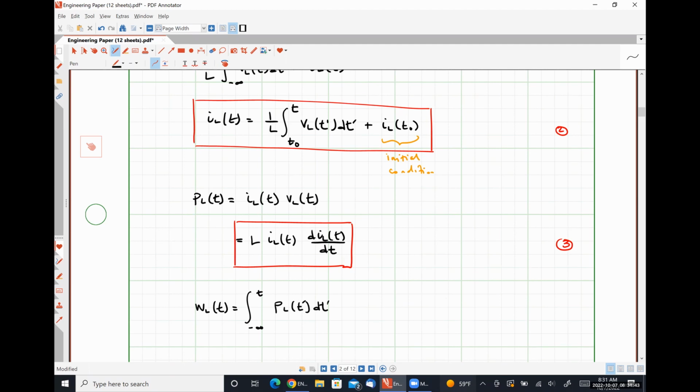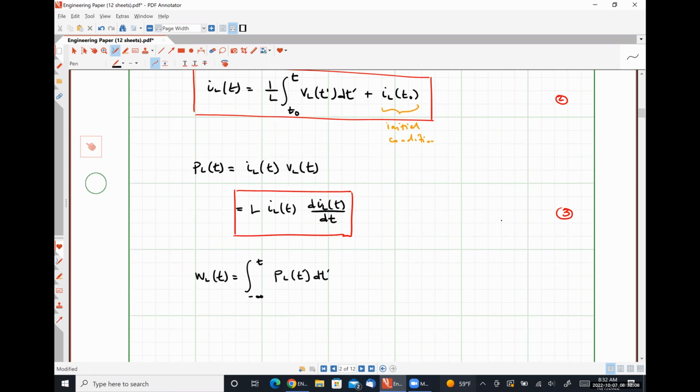So we're setting the limits here from negative infinity to t because we are assuming whenever this inductor was created, it didn't start having any energy stored in it. So that's effectively saying from some 0 energy level up to whatever energy is stored currently gives us the answer that we're looking for, okay?